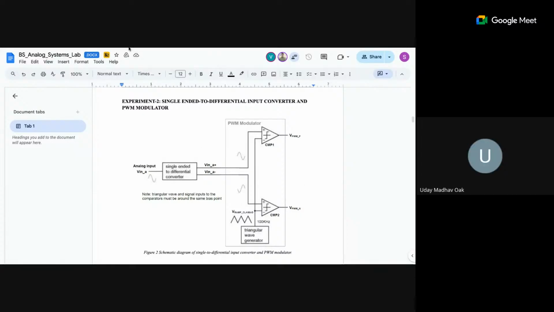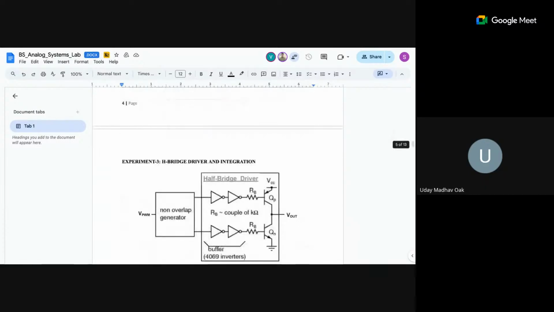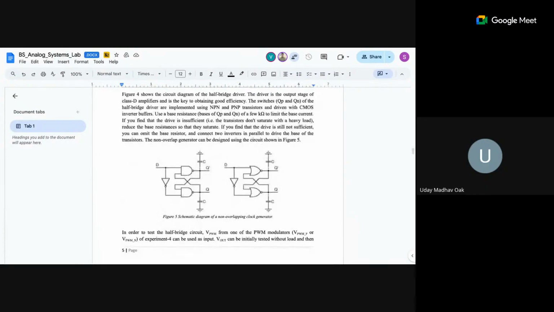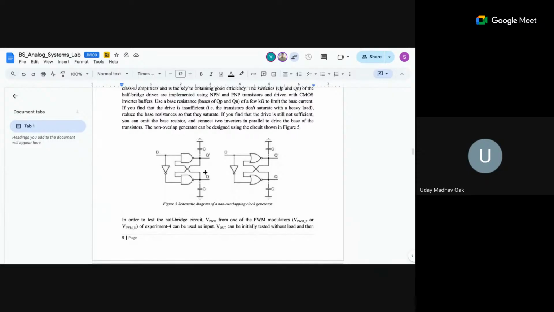No, I'm just facing one difficulty. In one of the channels in experiment 3, the output of the set reset flip flop, or the set reset latch, is not swinging between 0 and 5 volts. I'm not sure why it is happening.